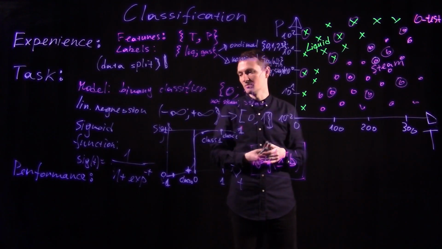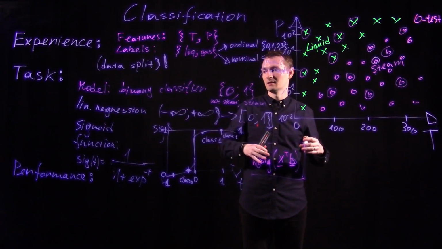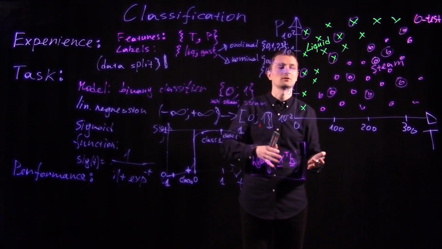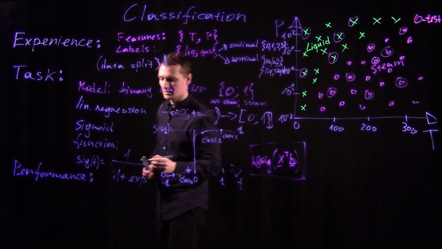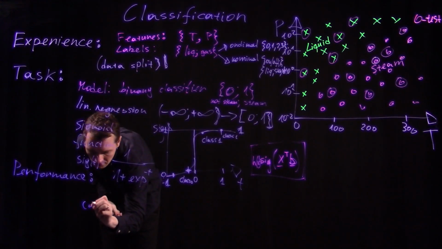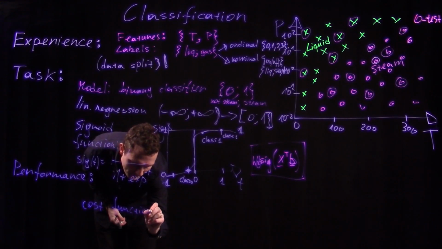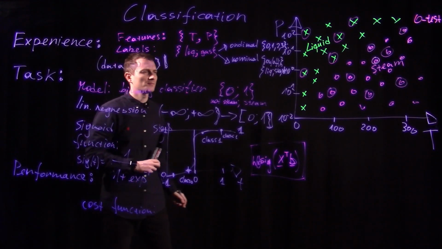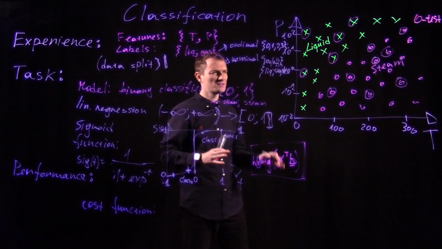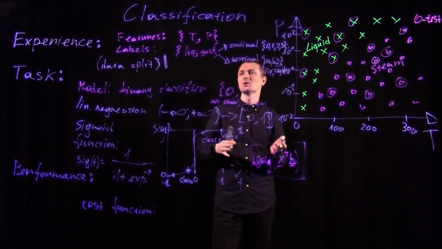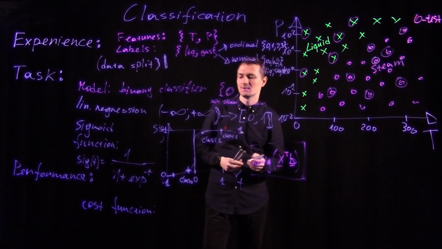Let's talk about performance of this model, how we can evaluate whether our model performs well or not. For that, we will introduce our new cost function. For that, let's also consider two cases. First of them, if the label is 1, and the second, if the label is 0.